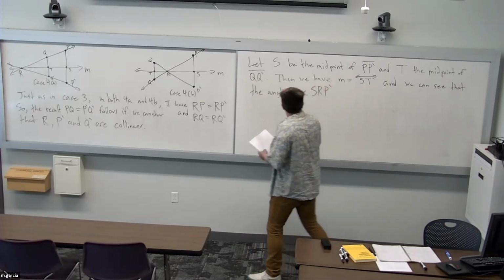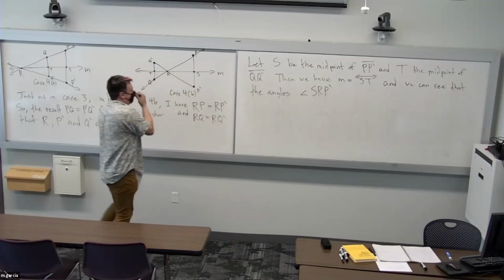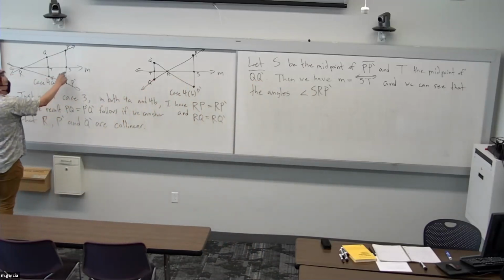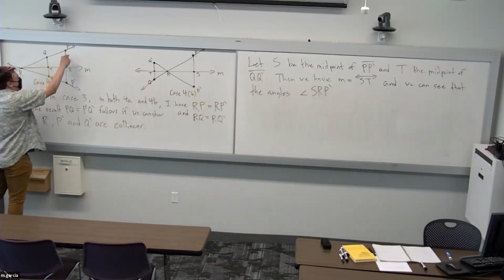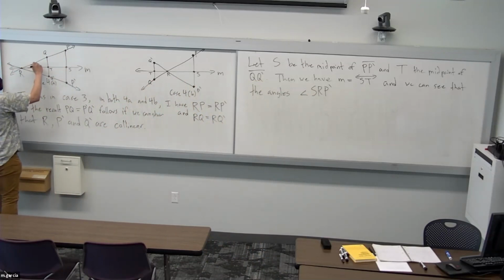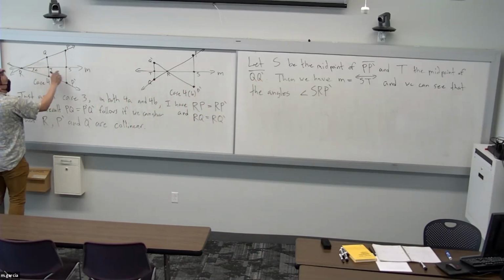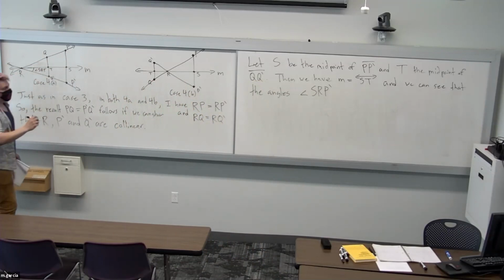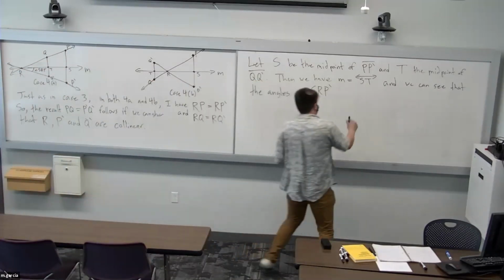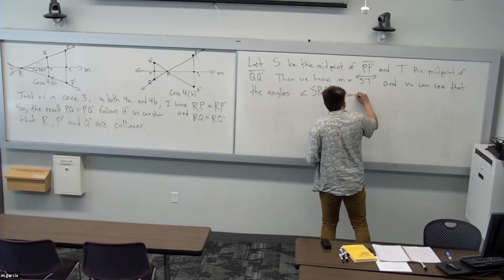So the angle SRP prime, for example, in this case, means we start at S, we go to R, then we go to P prime. Oh, I said P prime, right? Sorry. We start with P prime. Right, so this is the angle. Start at S, go to R, go to P prime. S, R, P prime.